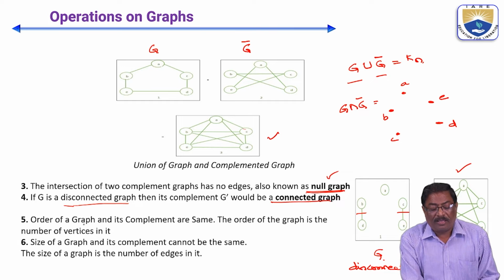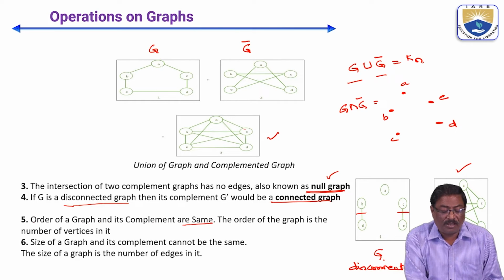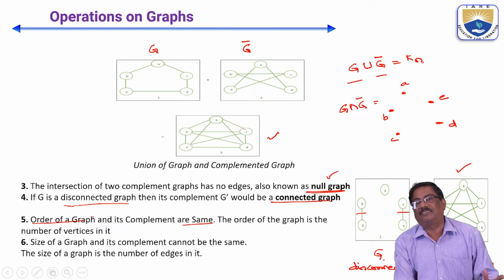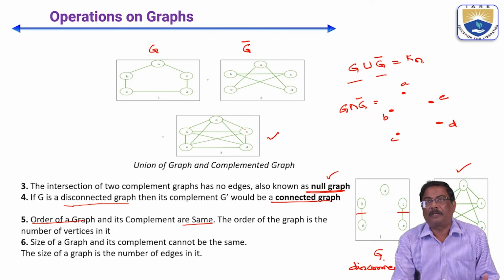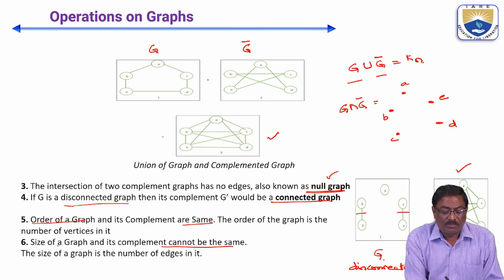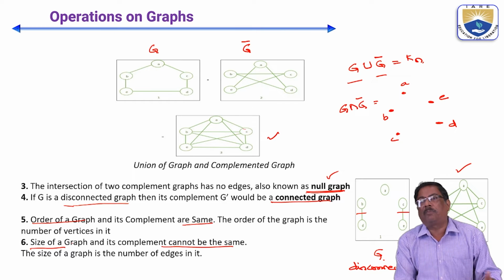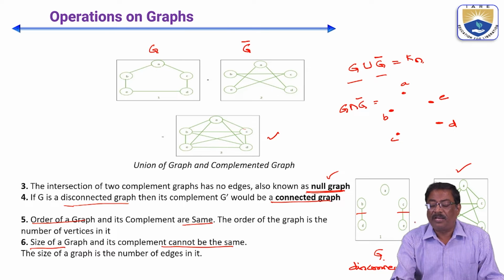The order of a graph and its complement are the same. The order of a graph is nothing but the number of vertices in the graph, and as well as in its complement it will remain the same. Next, the size of a graph and its complement cannot be the same. The size is nothing but the number of edges. Here, how many edges does it have?